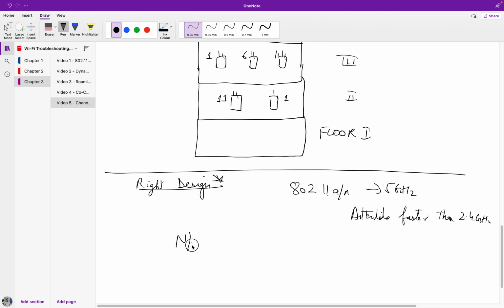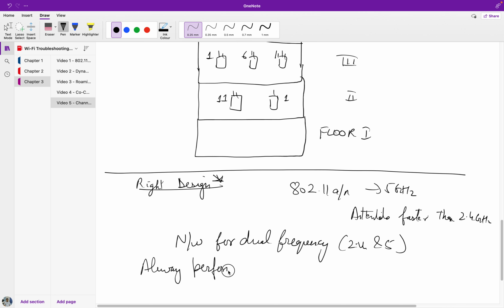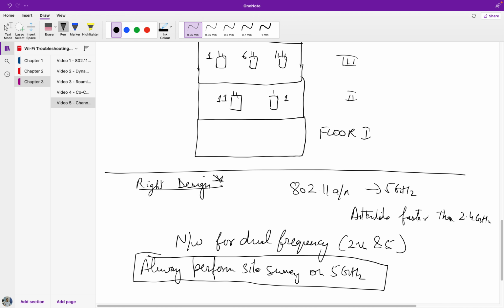So when a network is being deployed for dual frequency band, 2.4 and 5 both, always perform the site survey on 5 gigahertz, because if on 5 gigahertz you're able to cover everything, 2.4 will anyway follow, and the channel schema can be taken care of by RRM anyway, so you're good.